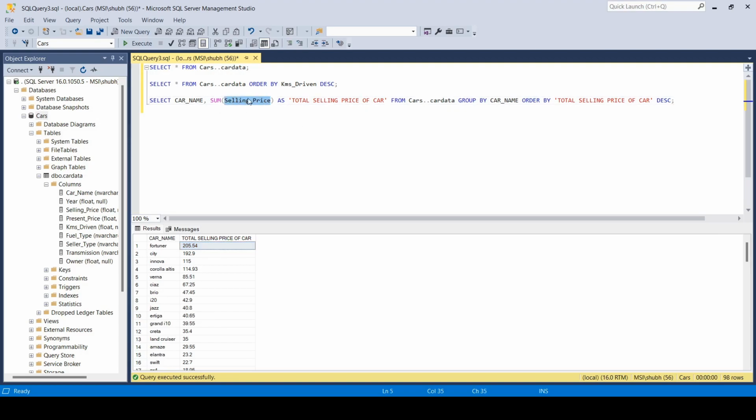Here I have used sum and we used group by car. So if a car is sold 3-4 times, it combines its total selling price and orders it descendingly. So we can see Fortuner is the car having most selling price.